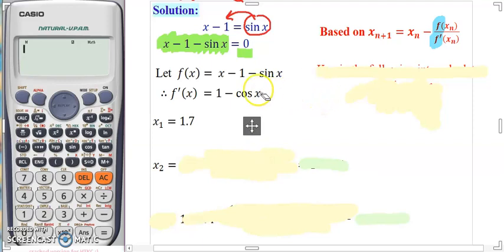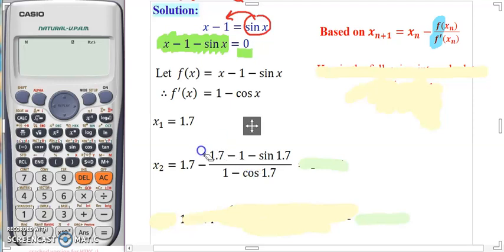According to the formula, xn, which here is x1, minus the division of f at 1.7 over f prime at 1.7. Then we press the calculator to get the answer.